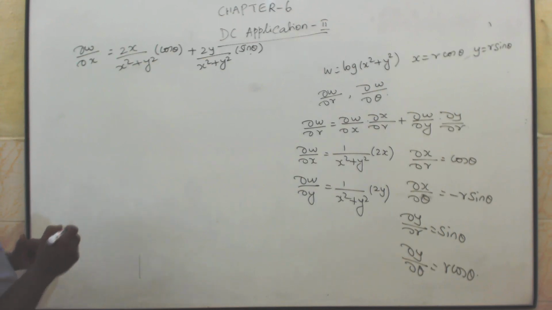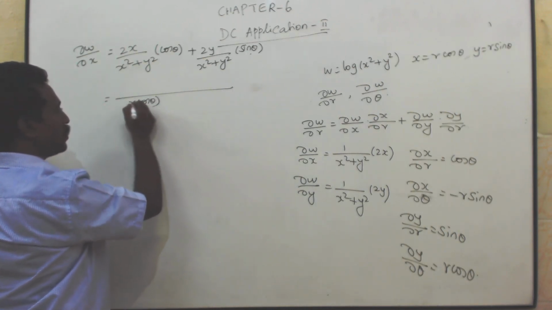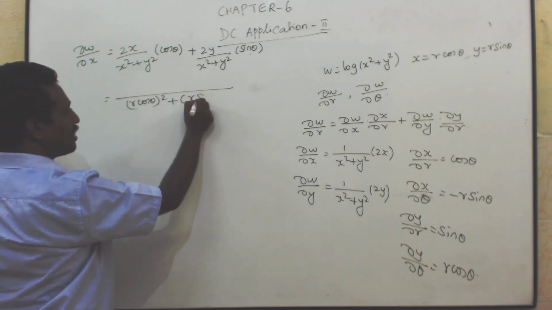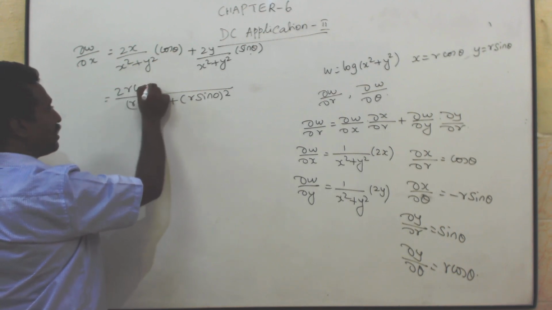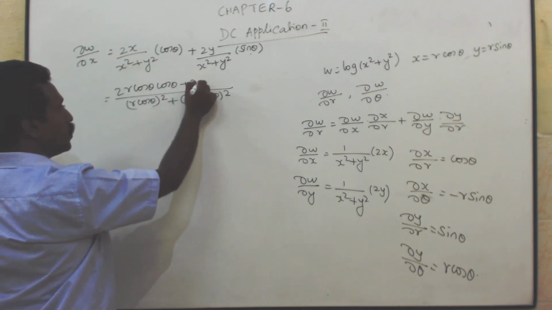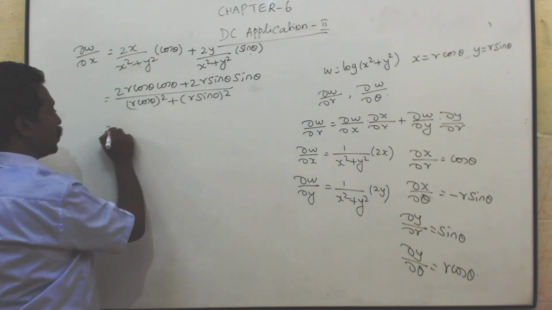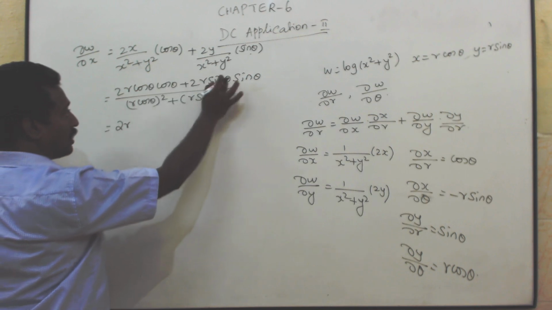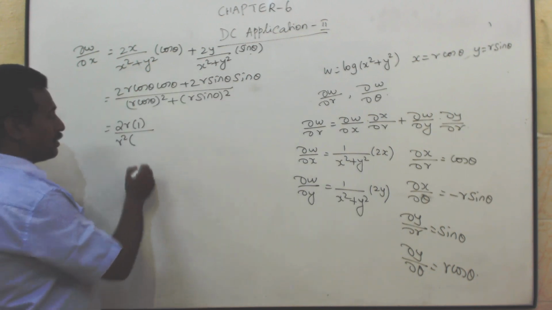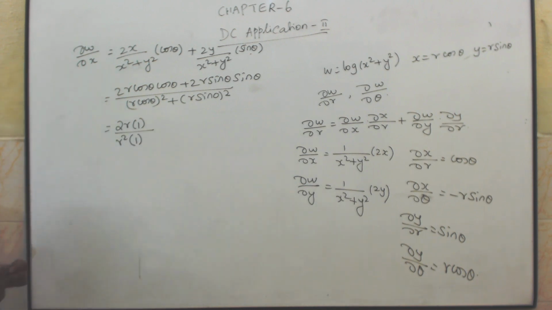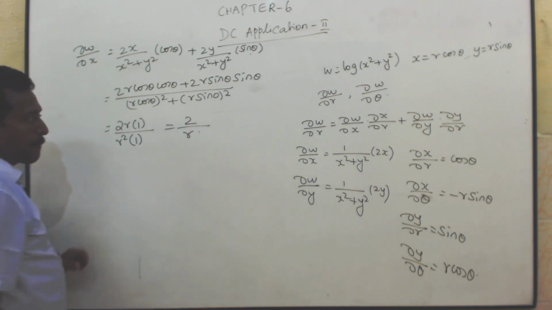Denominator is common, but we know what x is: r cos theta whole square plus r sin theta whole square. 2r cos theta into cos theta, 2r sin theta into sin theta. 2r common, cos square theta plus sin square theta is 1. R square common, cos square theta plus sin square theta equal to 1. 2r by r square is 2 by r.